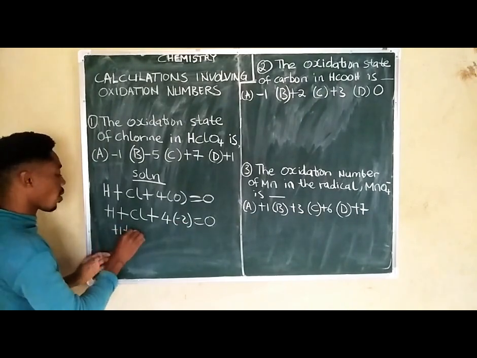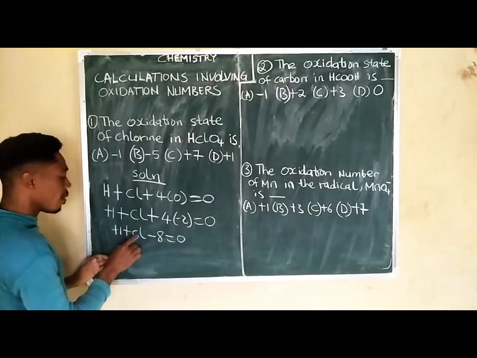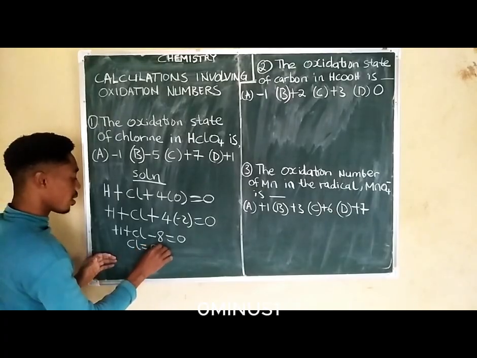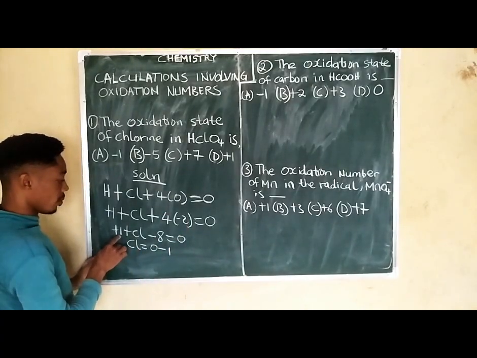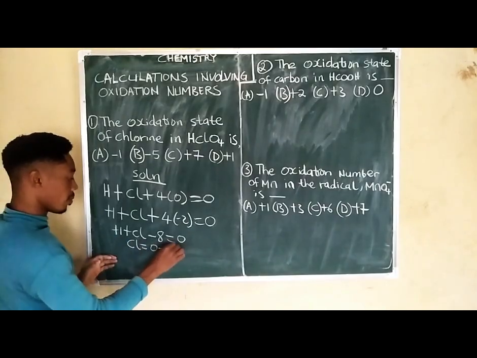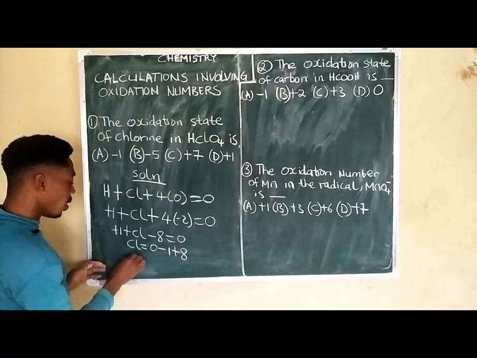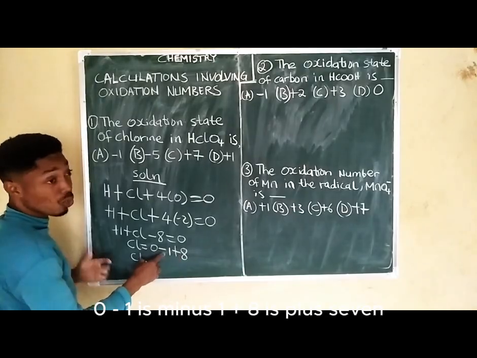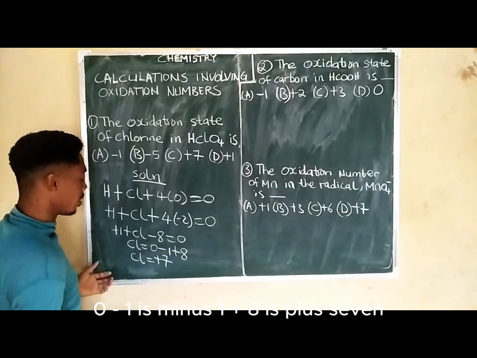So this is 4 into -2 giving me -8. So +1 plus chlorine minus 8 equals 0. Make chlorine stand alone: Cl equals 0 minus 1 plus 8. 0 minus 1 is -1, plus 8 is +7.